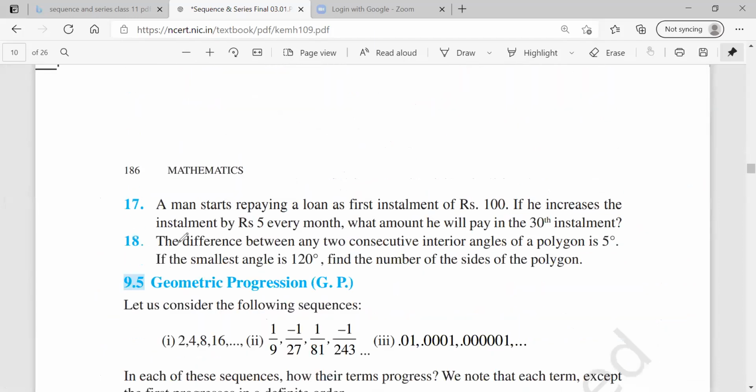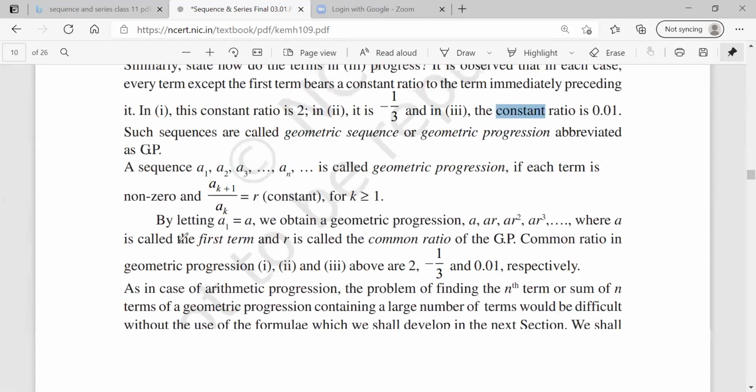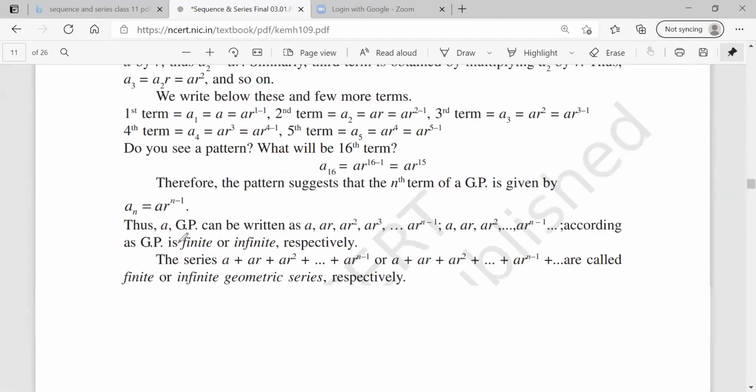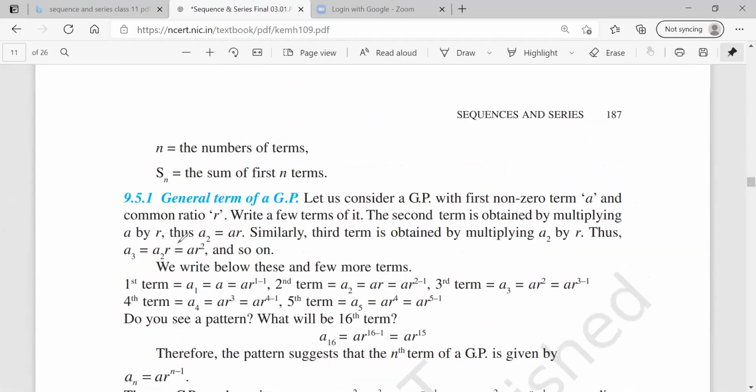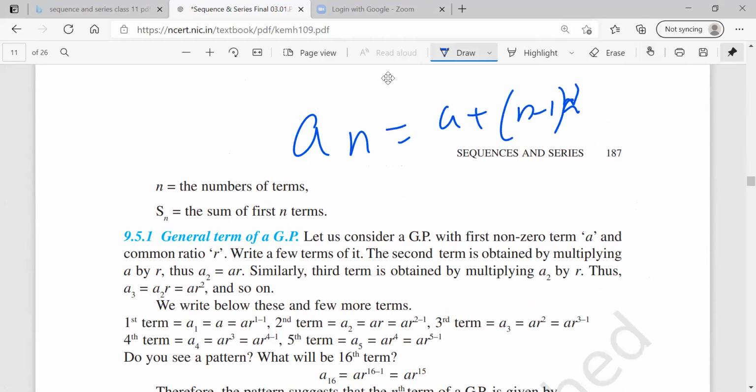Geometric progression. In arithmetic progression, we found out that An is equal to a plus (n minus 1) into d. Correct. Here also we have something.